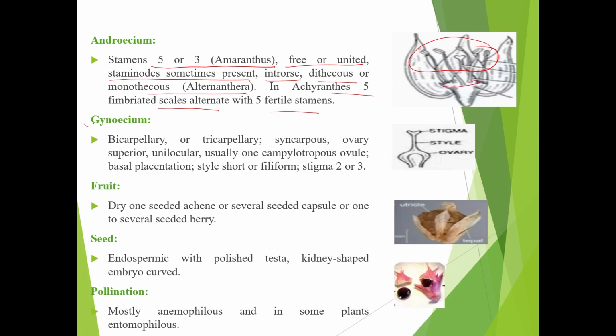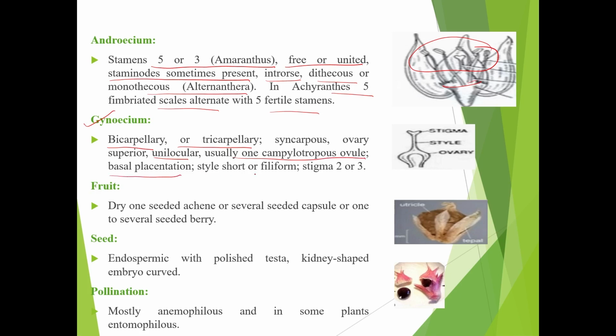And if you see the gynoecium, it is generally bicarpellary or sometimes tricarpellary, syncarpous, and made up of a superior ovary, unilocular, and usually one campylotropous ovule is present with basal placentation.